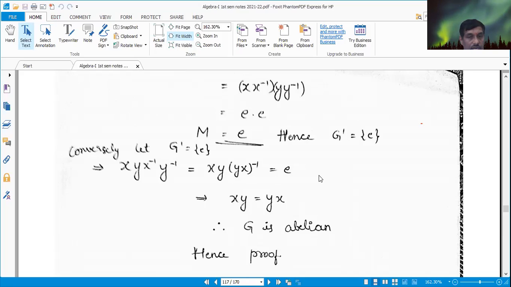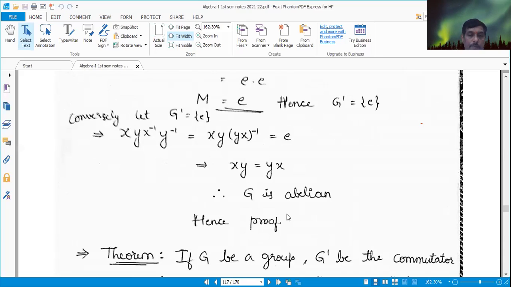Then you can transfer this to the right hand side, that is yx inverse becomes yx, or multiply both sides by yx, and you get xy is equal to yx, which means it is abelian. This is the simple theorem you must remember.